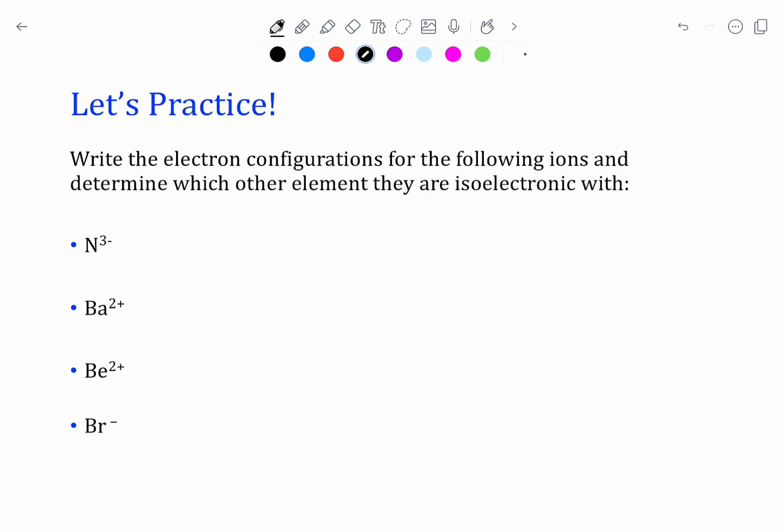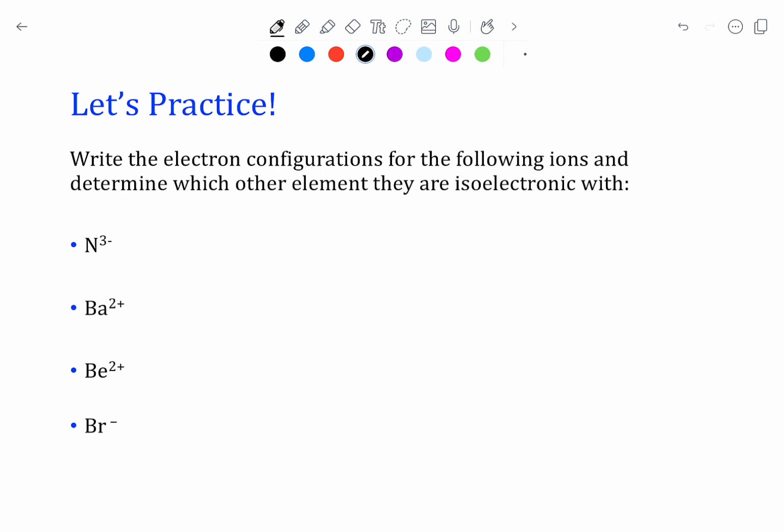You may find it useful to pull out your diagram for writing electron configurations, the one with the arrows. I don't have it here because by starting this lesson, you should have already mastered writing regular electron configurations and completed your ALEKS homework. So I am under the assumption that you have a good grip on that, but if you do not, that's totally fine.